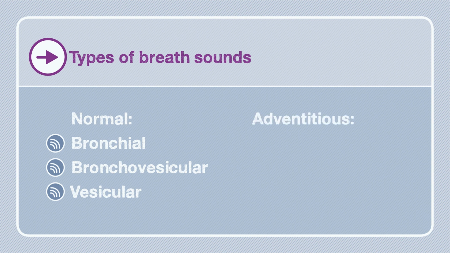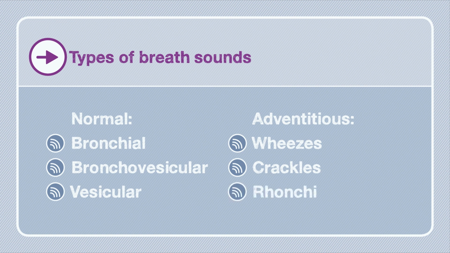Abnormal or adventitious sounds may be heard over normal breath sounds. The types of abnormal or adventitious sounds you might hear are wheezes, which occur in the case of asthma and emphysema, when air is squeezed or compressed through narrow passageways, crackles, which occur in the case of pneumonia or pulmonary edema, when inhaled air collides with previously deflated airways, which then suddenly pop open, and rhonchi, which occur in bronchitis and are due to airway obstruction creating a low-pitched wheeze.